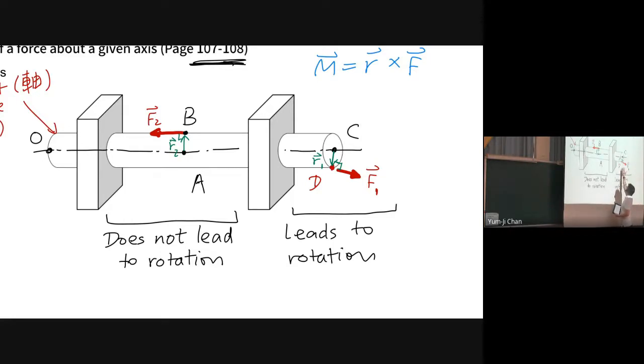If R is in this direction and F is in this direction, the moment is in this direction, and we raise the moment vector in the direction of my thumb.